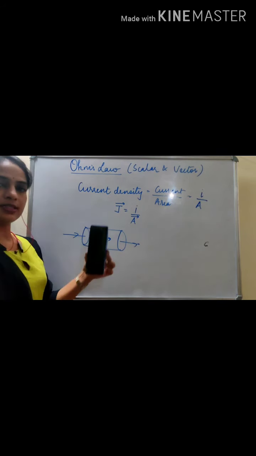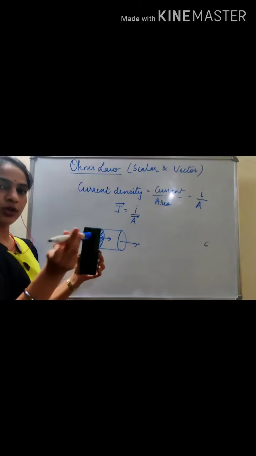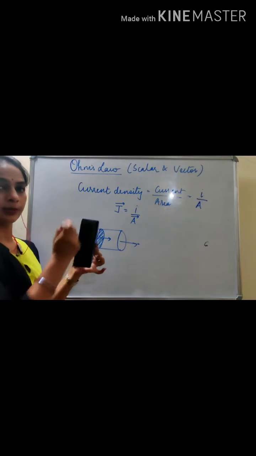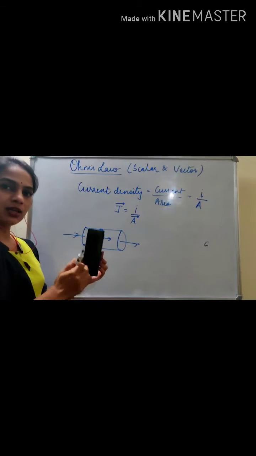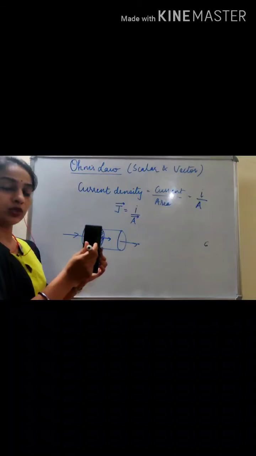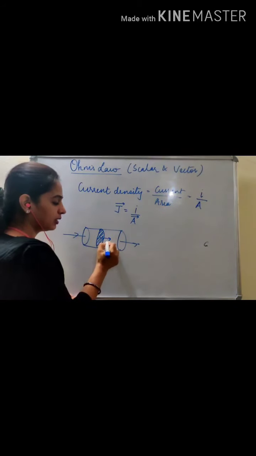Like, this is an area, and if current is flowing in this direction, then see, current is perpendicular to the area. And what about the area vector? This is the area, so the perpendicular drawn to this area is the area vector. So we have this area vector and this is the direction of current.